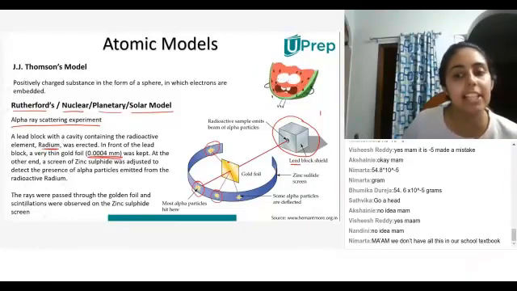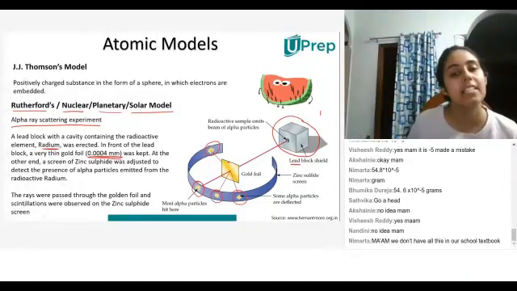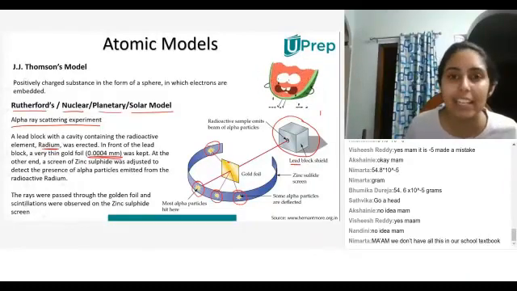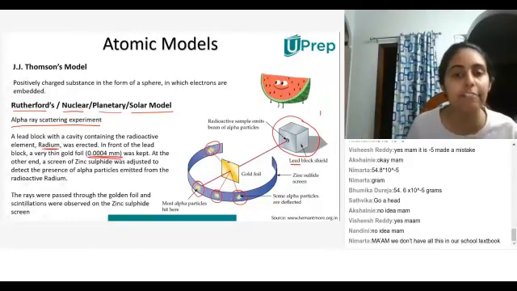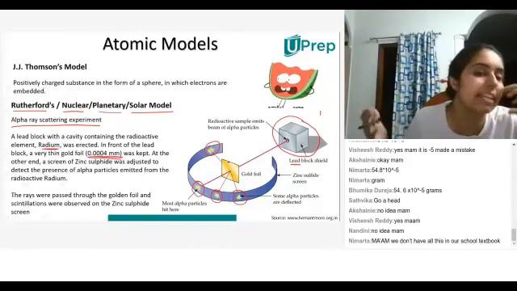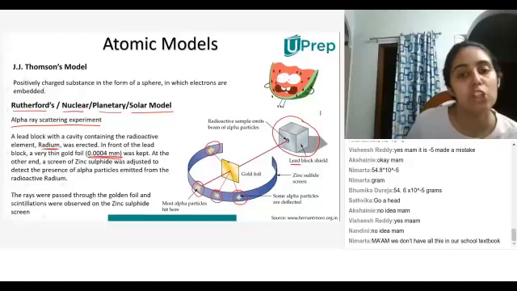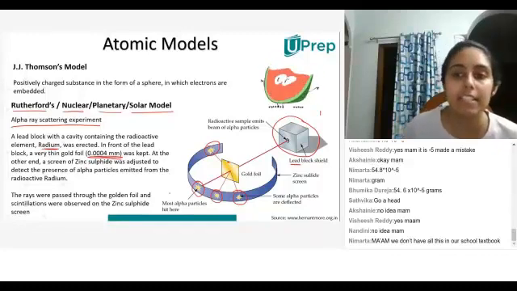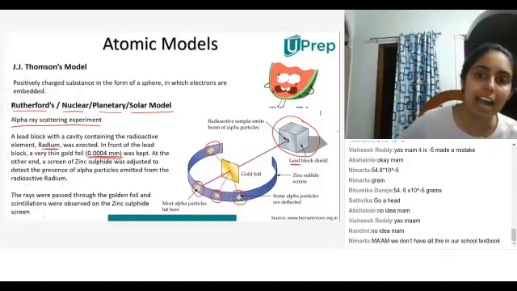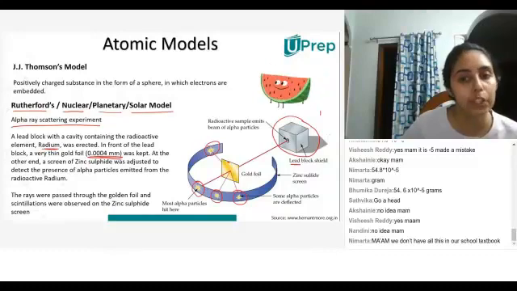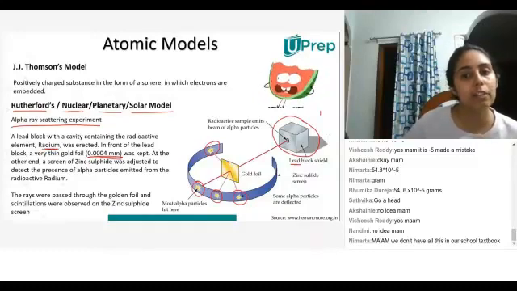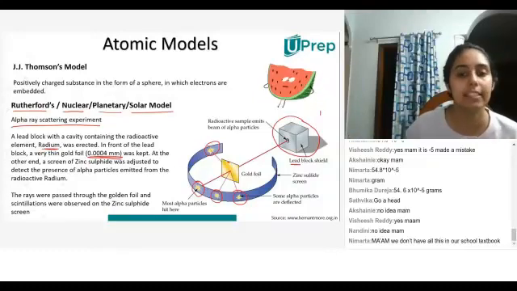Scintillations means something like twinkling, like stars twinkle, or they flash, glow. That is what scintillation means. So they observed that once you passed these alpha particles through the gold foil, they would create scintillations on the zinc sulfide screen.